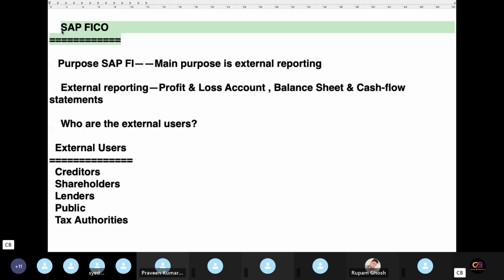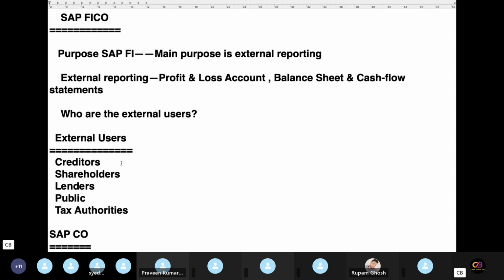If the company is going to be wound up or one company is merging with another company, we can see the company status and reports. That should be published publicly, right? Now this is the purpose of SAP FI.